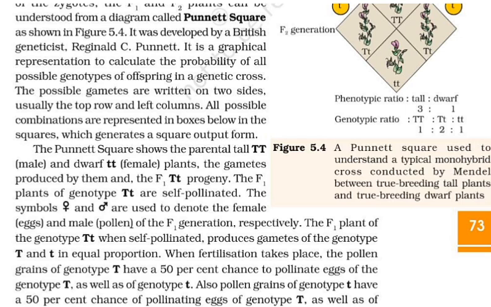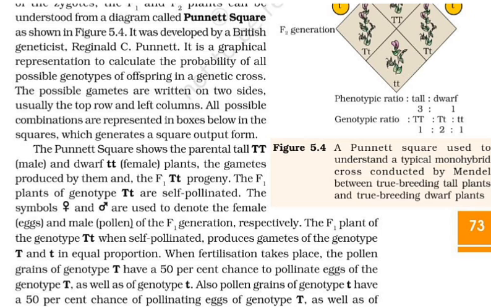At F2, 3/4 of the plants are tall, where some of them are capital TT, while others are capital T small t. Externally, it is not possible to distinguish between the plants with the genotype capital TT and capital T small t. Hence, within the genotypic pair capital T small t, only one character, capital T, tall, is expressed.